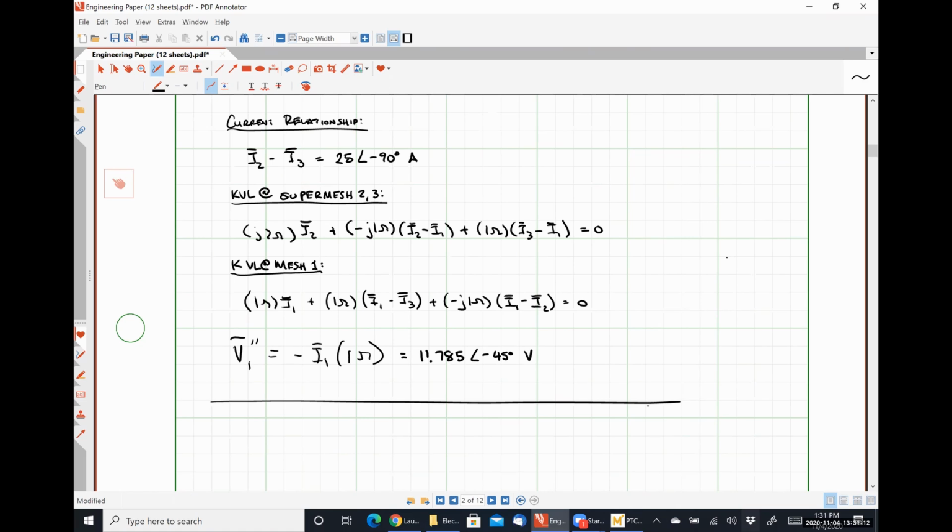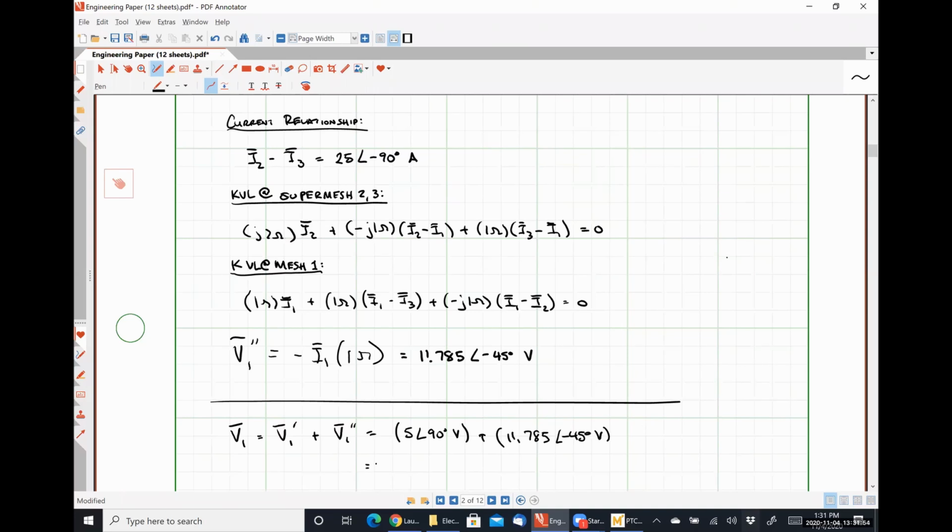Anybody? Right, so V1 with both sources on is simply the combination of V1 with the voltage source on and current source off, and V1 with the current source on and voltage source off. So that's going to be 5 angle 90 degrees volts plus 11.785 angle negative 45 degrees volts.